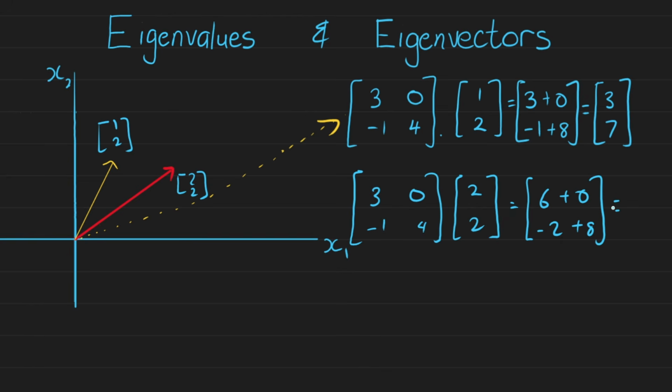This gives us the result 6 and 6. If we draw that, we can see that 2, 2 becomes 6, 6. I'm just going to draw it parallel to this vector, but I think it's quite easy to see that they are in the same direction. So that is the vector 6, 6.